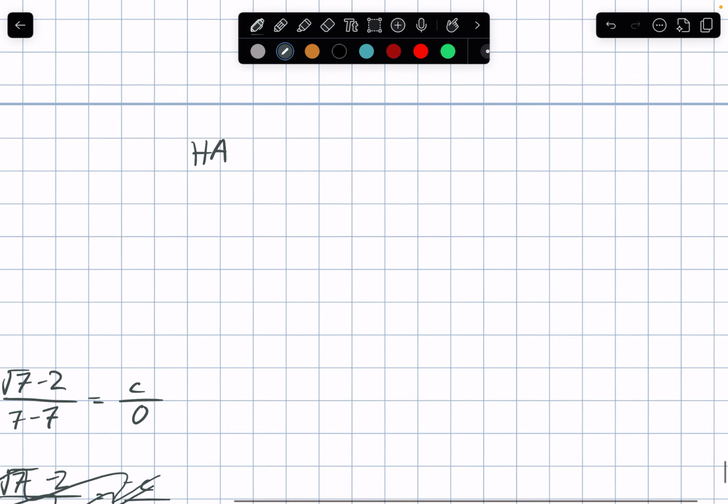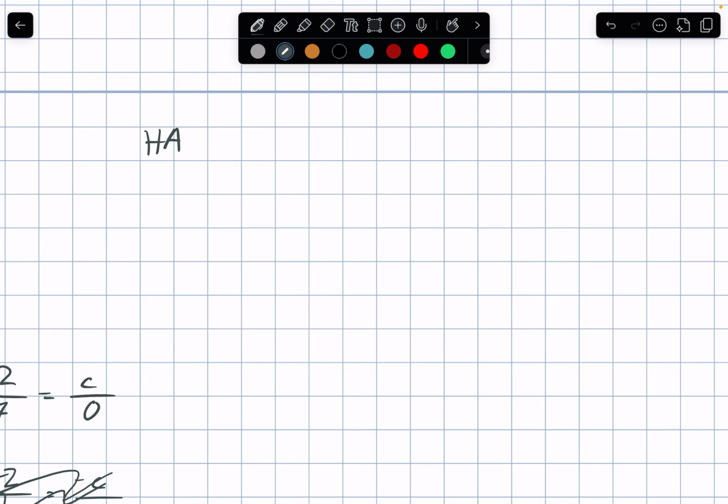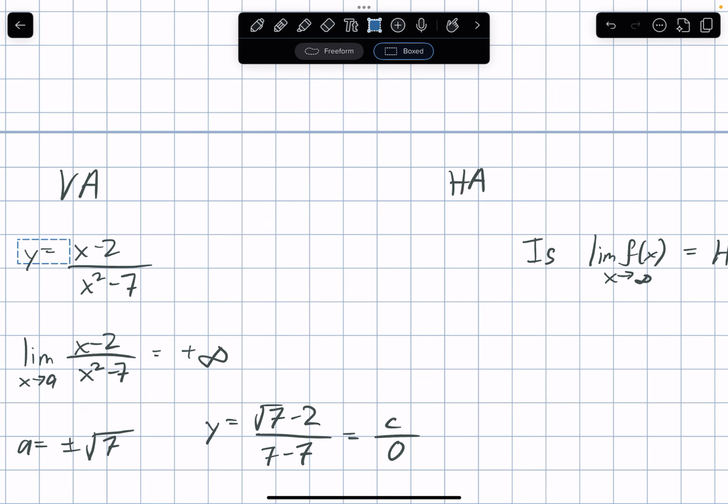Let's go to horizontal asymptote first. We want to ask this question: is the limit of f of x as x approaches infinity equal to the horizontal asymptote? So again, we have this function, right?